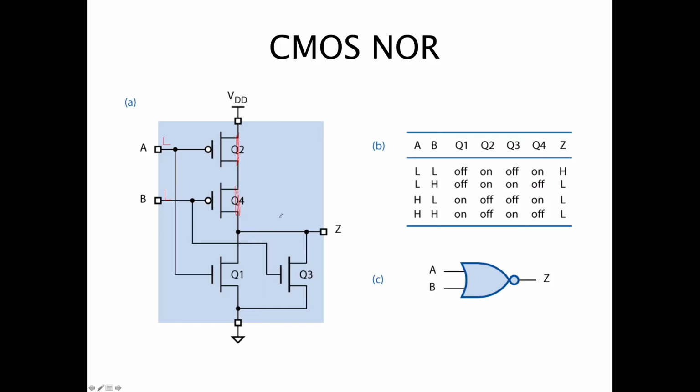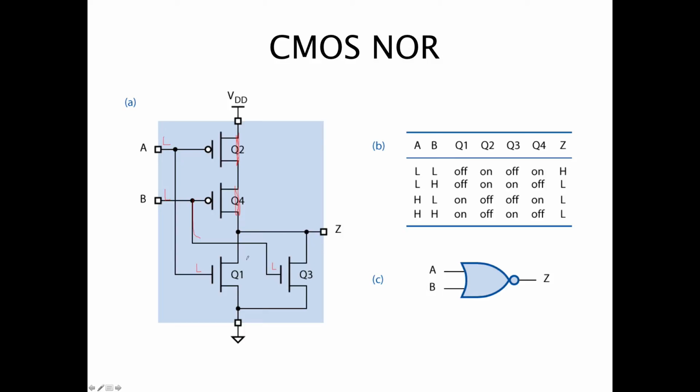Now, for a circuit to be consistent, Z shouldn't also be connected to ground. If it were, there'd be a short circuit, and that would be bad news. If this is a low, then on the bottom half of the circuit you trace this line and see this is also a low.